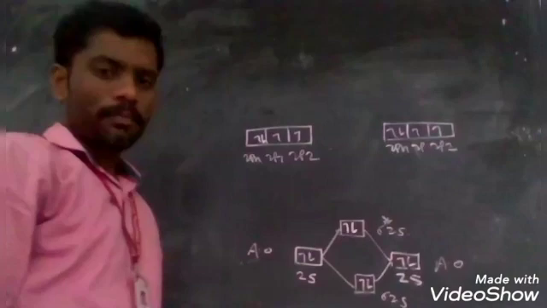Out of 8 electrons, the first 2 electrons enter into the sigma 2px. The remaining 4 electrons enter into pi 2py and pi 2pz. These pi 2py and pi 2pz are called degenerate orbitals, having equal energy.